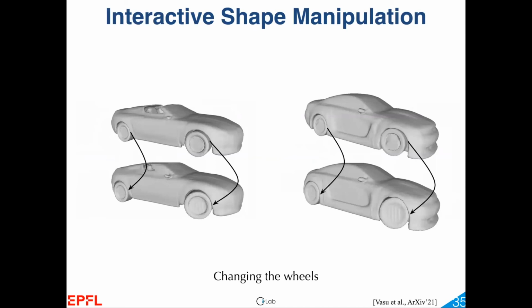Here's another example: you can take one car and change the wheels. You want to move the wheelbase and the rest of the body will adjust to accommodate that while retaining the same overall general shape.